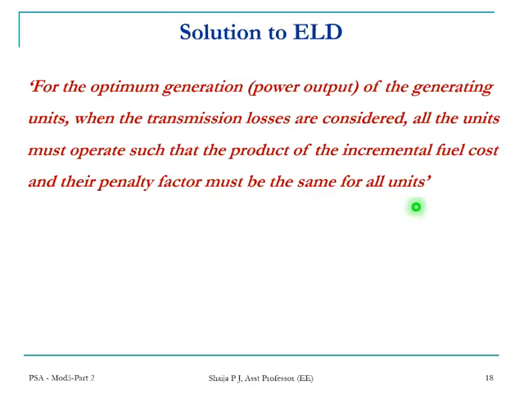That is the difference. Earlier, when we hadn't considered the losses, the condition was that incremental cost should be the same for all the units for economic operation. Here the conclusion is that incremental fuel cost multiplied by their penalty factor should be the same for all the units. Okay.